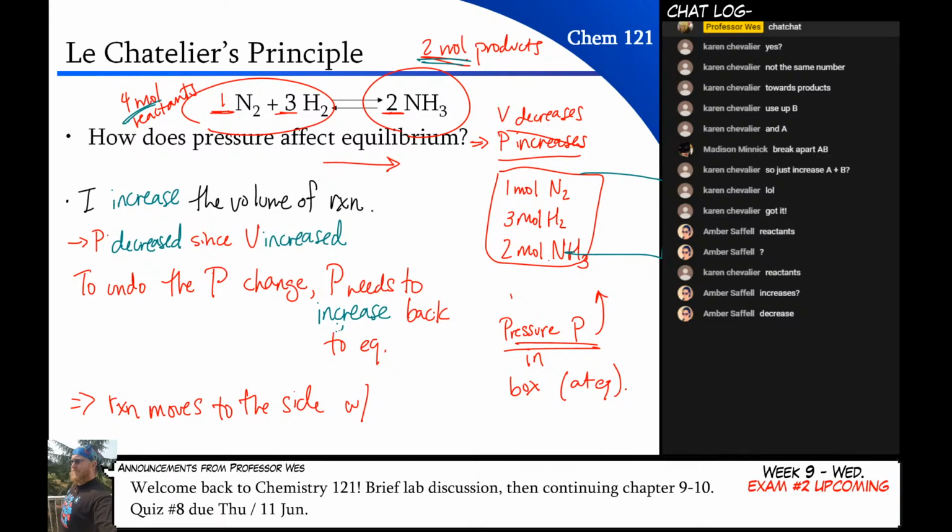Oh, I made a happy face there on accident. So since I want the pressure to increase, because it decreased from what I did, the reaction needs to move to the side with more stuff.